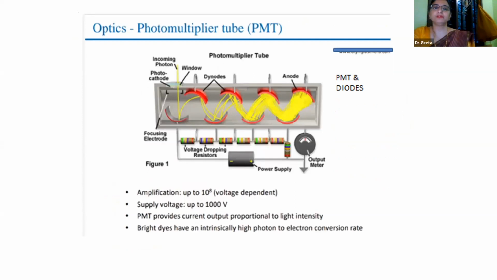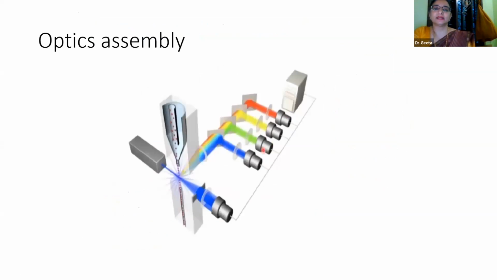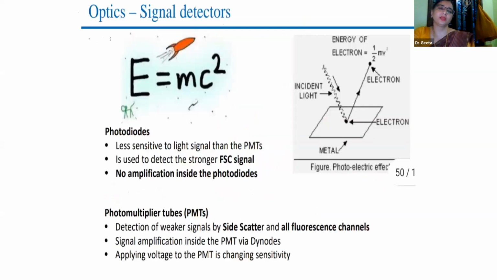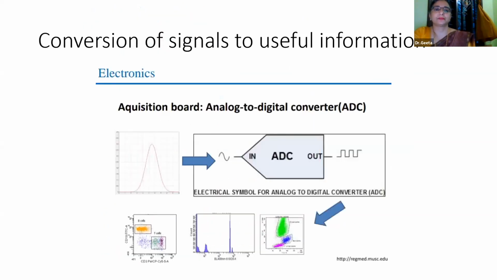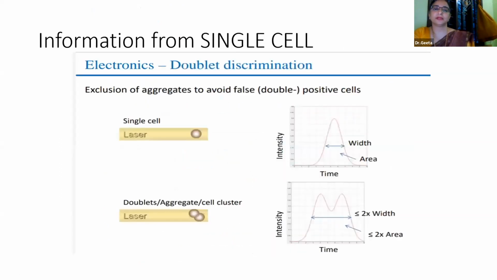So this is just an example of a photomultiplier tube, which is very efficient in collecting the side scatter data, whereas the photodiodes are better with the forward scatter signals. So now the electronics, as I said, gets into collecting all the data and then making these types of graphs, histograms, plots for us to see.